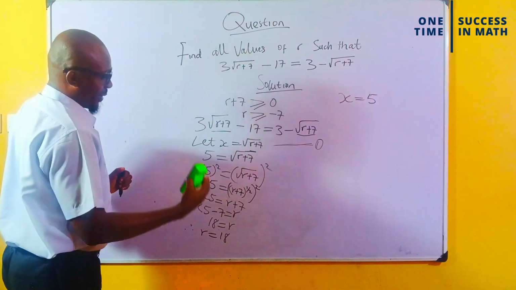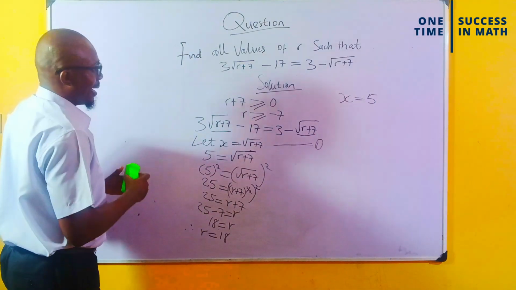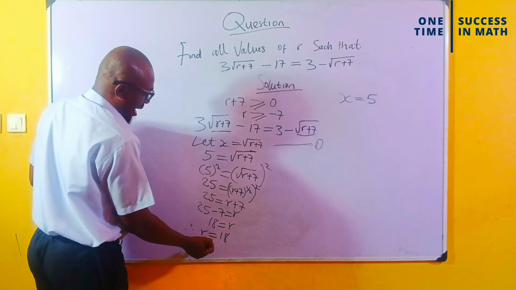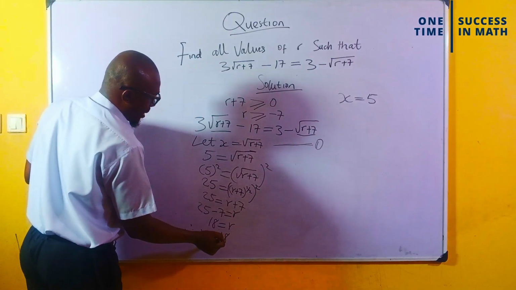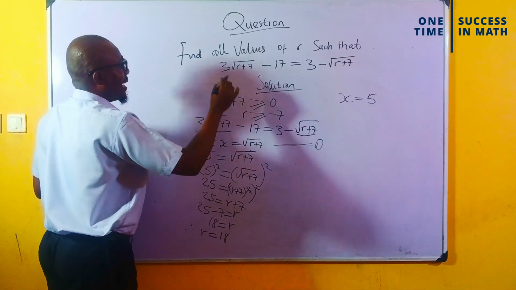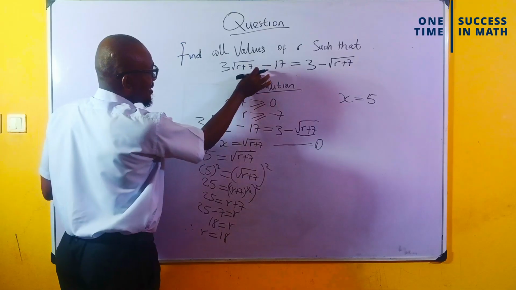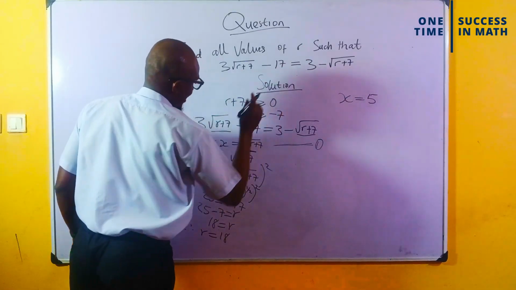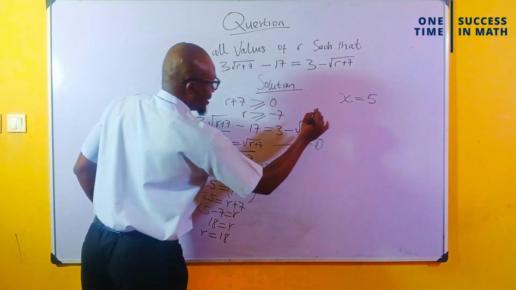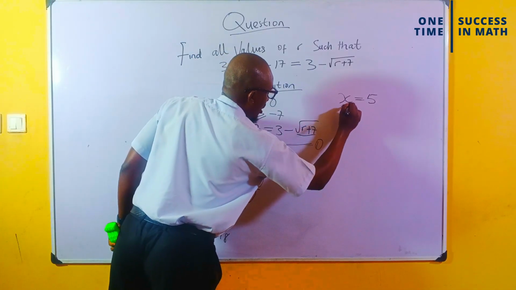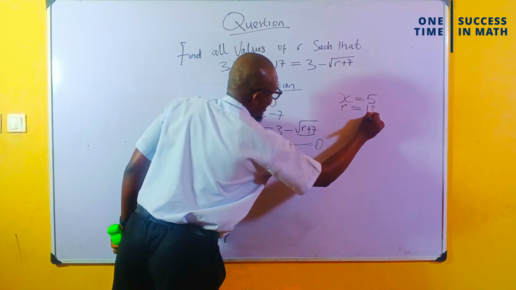To be sure that we are on the right path, that we got the correct answer, let us validate that this r is actually equal to 18 by substituting it into the original equation to see whether the left-hand side will be equal to the right-hand side. So let us write that our r here is equal to 18.